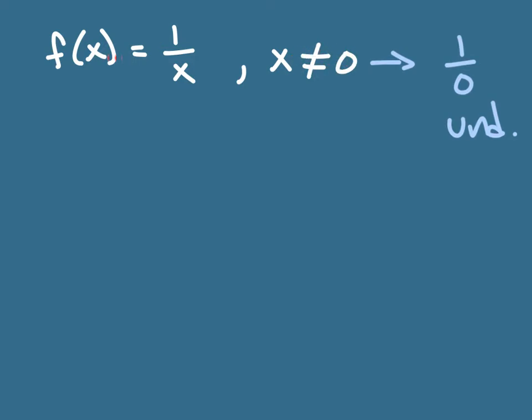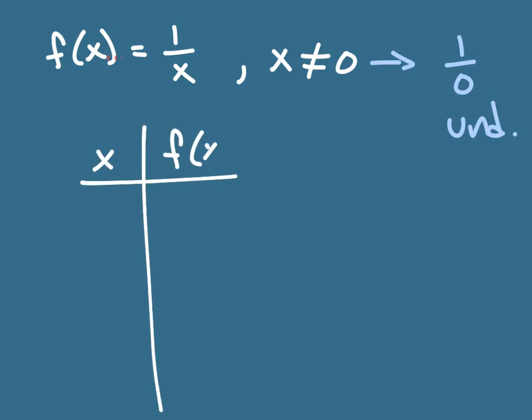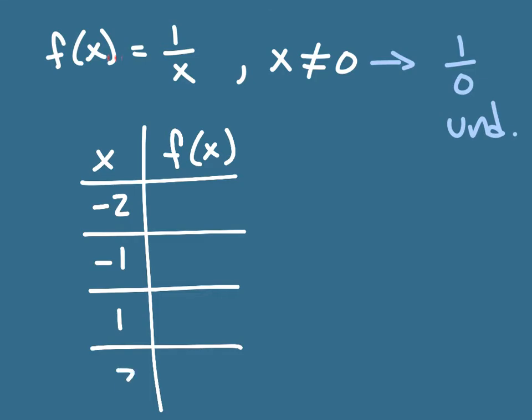So what I want to do is do the same thing. Let's make a table, x and then f of x values. Let's choose -2, -1, 1, and then 2.